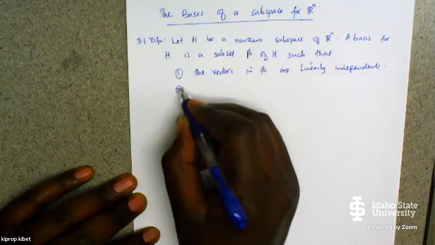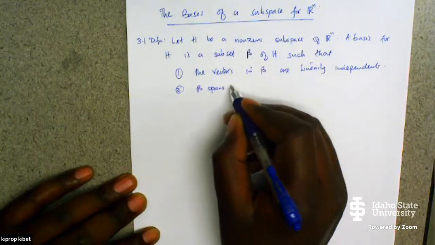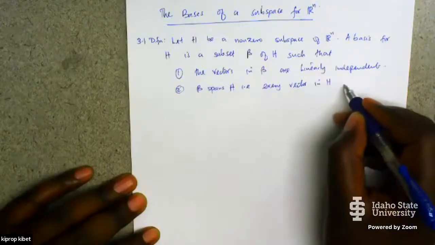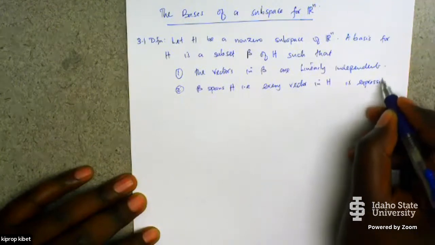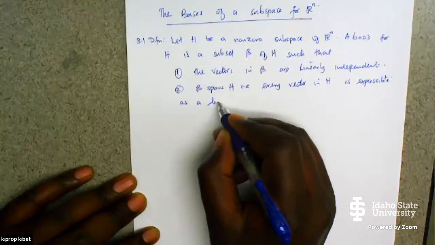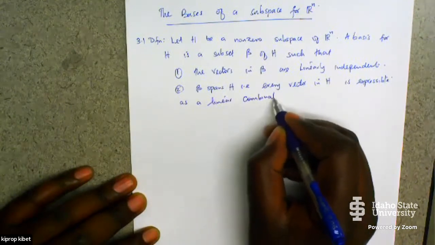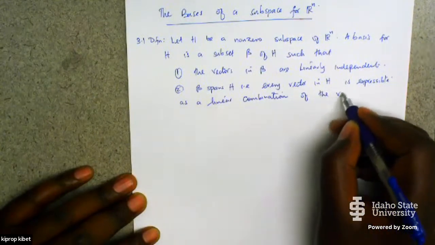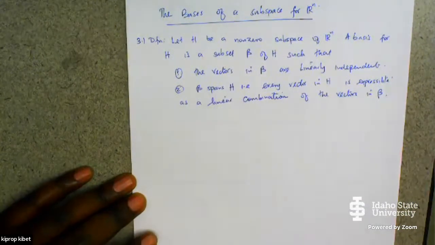And then number two, B spans H, i.e., every vector in H is expressible as a linear combination of the vectors in B.